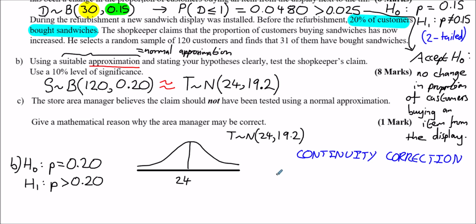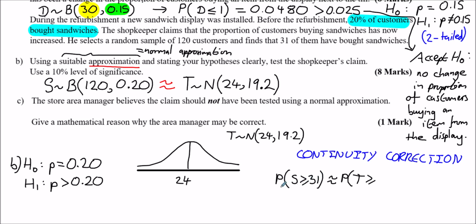So we want to work out the probability, an approximation at least, to a probability that 31 or more customers actually bought sandwiches. Well, that's approximately equal to T being at least 30.5. 31 needs to be 1 unit wide on a continuous distribution. So we assume 31 starts from 30.5 all the way up to 31.5.